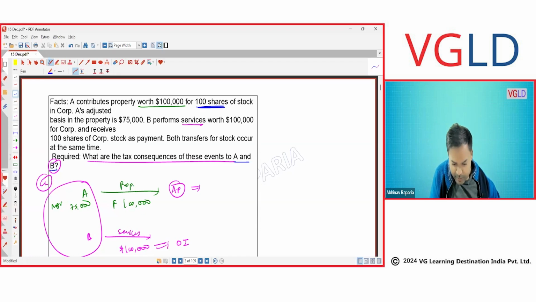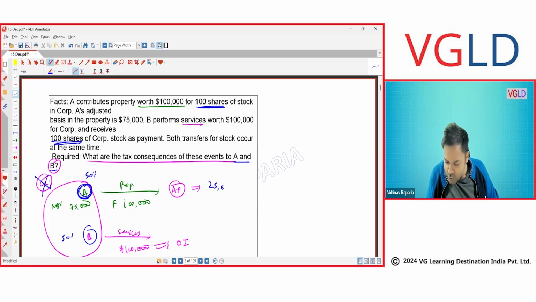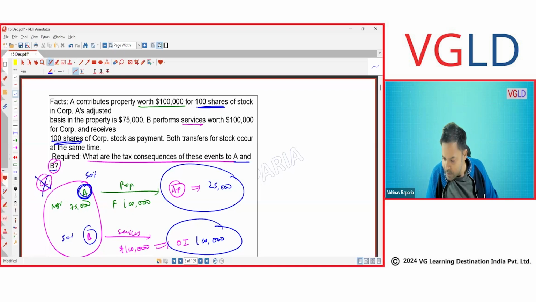B is also getting 100. So 50% A, 50% B. So are they the control group? No. So that's why you will recognize the gain of 25,000. So 25,000 is the gain for A and ordinary income is 100,000. Is that correct, everyone? Shalini correct? Guys correct? Everyone, is that okay?